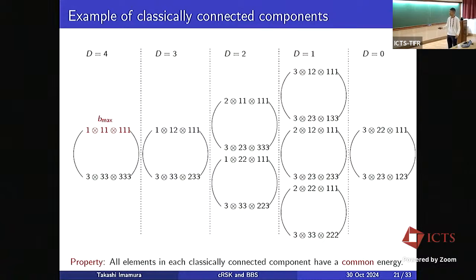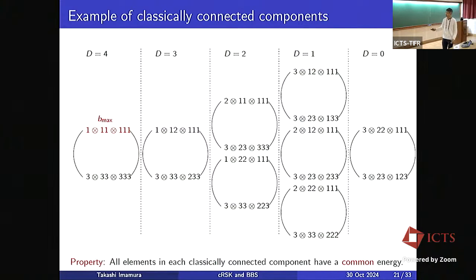So the problem is that, starting from any element, we wonder whether we can go to the B max following the Kashiwara operators, including the zero Kashiwara operators. This is the question.